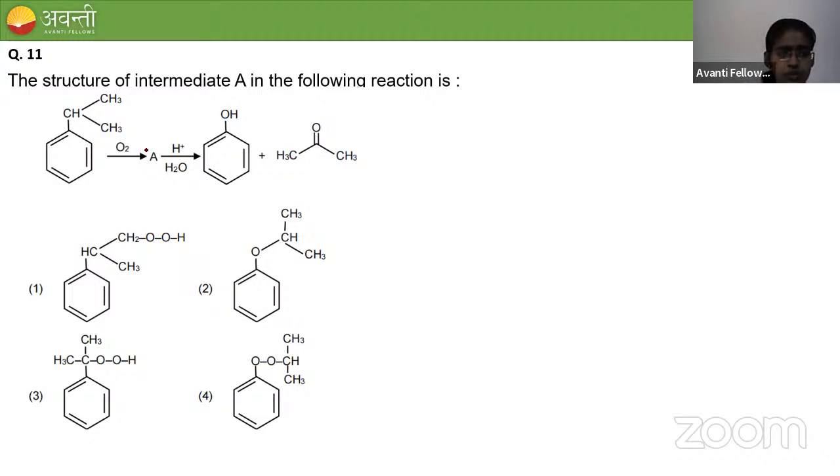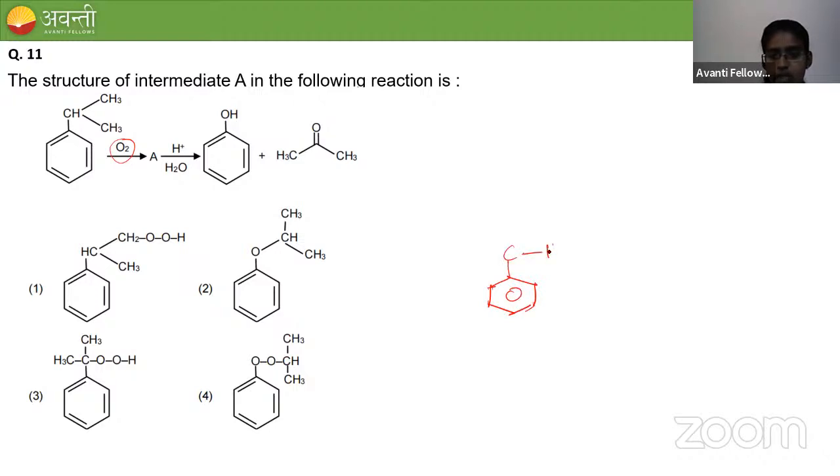Okay, so basically this compound undergoes air oxidation here, and this O2 will go and get inserted between this CH bond. So if you insert this O2 to the CH bond, what you will get? I'll write the structure once again like this.